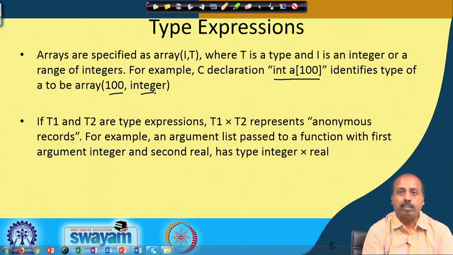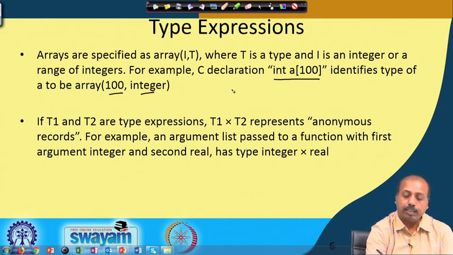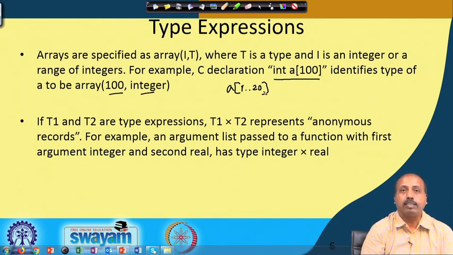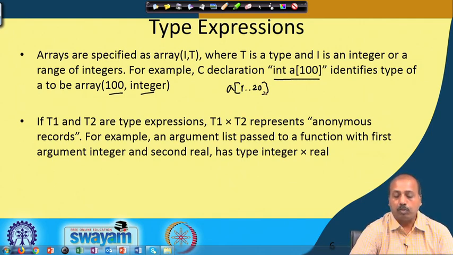As I said, it can be a range of integers also. This is particularly true in some other programming languages, like hardware description languages; in C you will not find it. You can define an array A and tell the range, like 1..20. It is saying that the indices will run from 1 to 20.